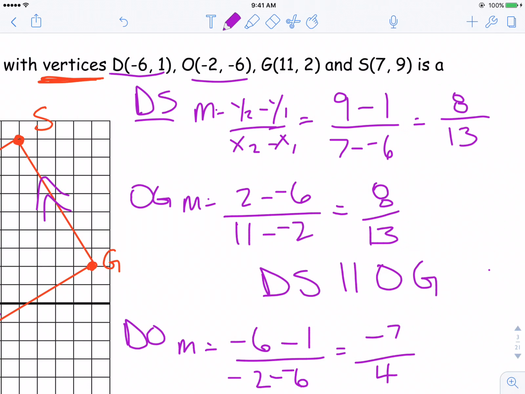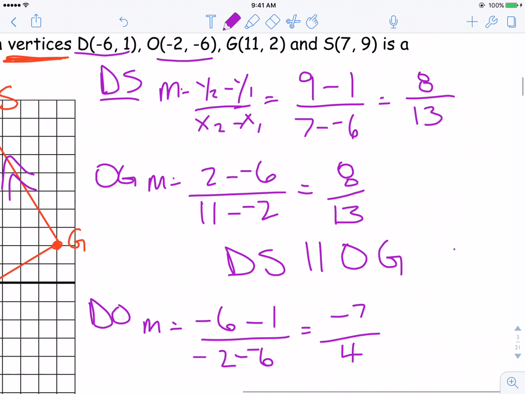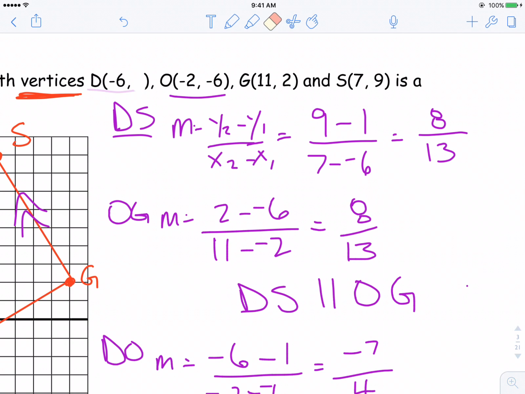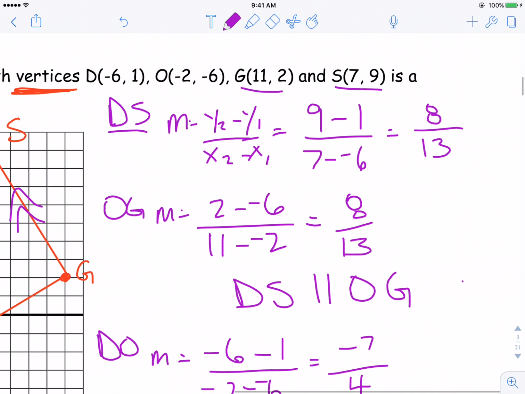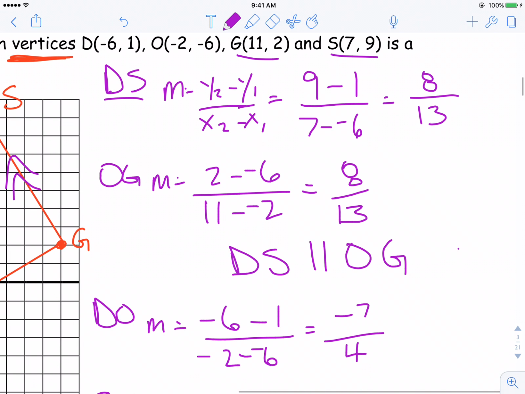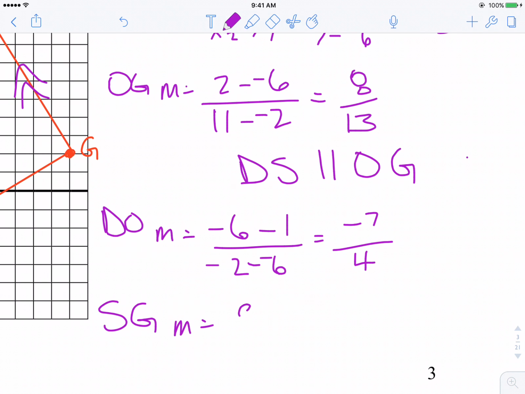Negative 7 over 4. And then I look at my other one, SG. Slope between S and G. SG. m is equal to 9 minus 2 over 7 minus 11, which is 7 over negative 4.